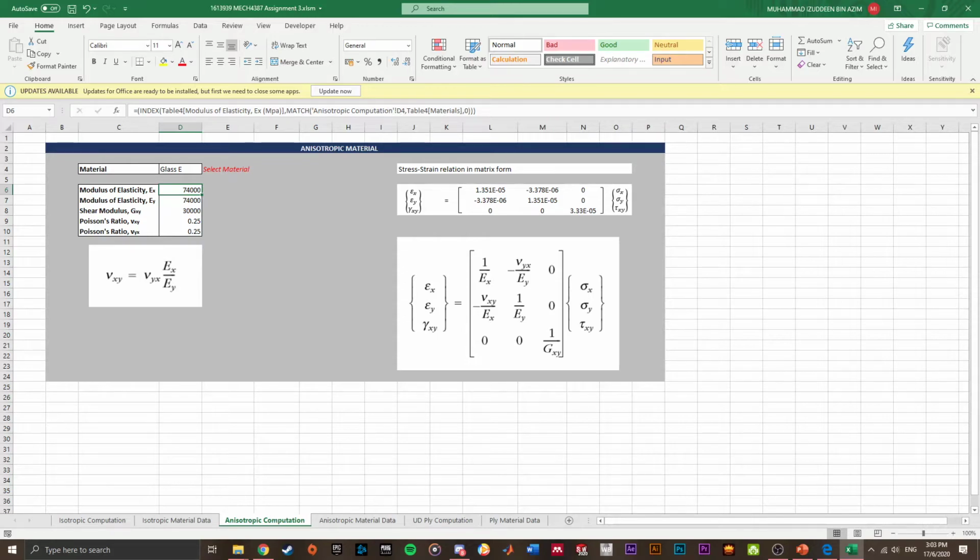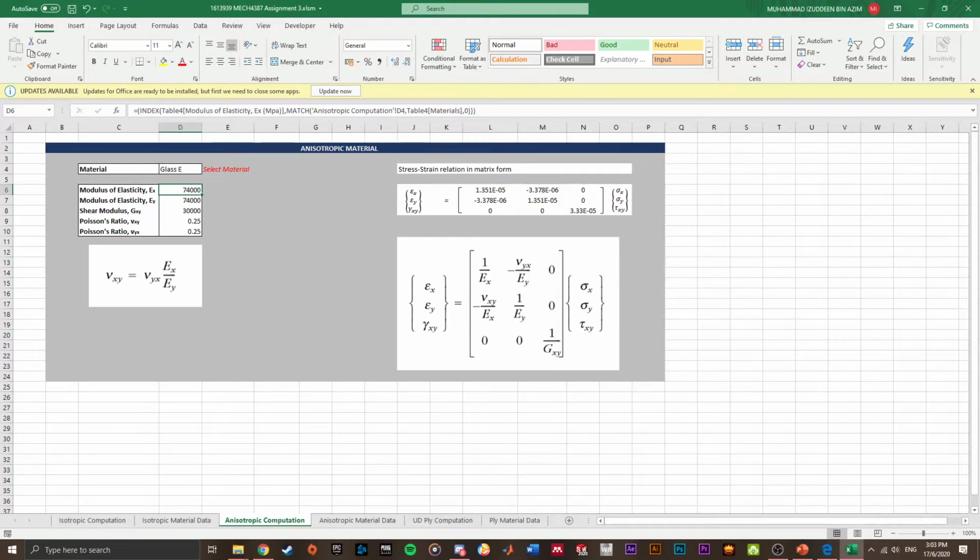So we also have Poisson ratio xy and Poisson ratio yx. This is the formula we can quote for the Poisson ratio in xy direction.